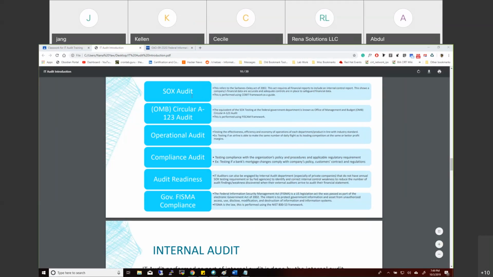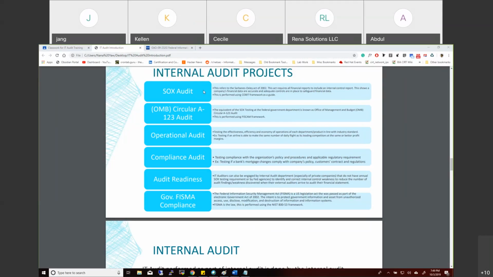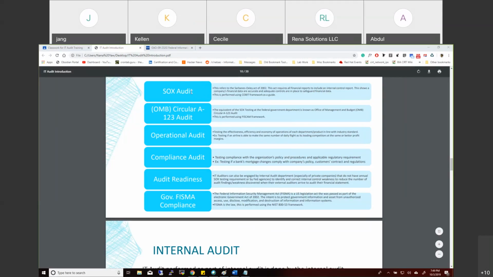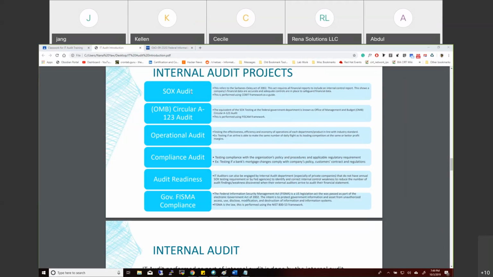Slightly different from SOX, where you have a lot of regulations. SOX is a law, it must be done, there's no budging room. Whereas operational audit is not too structured in a sense. They don't tell you how to do it. The business decides what process they want to focus on.